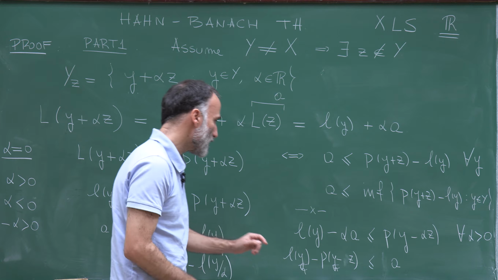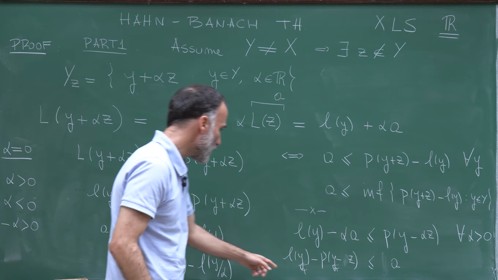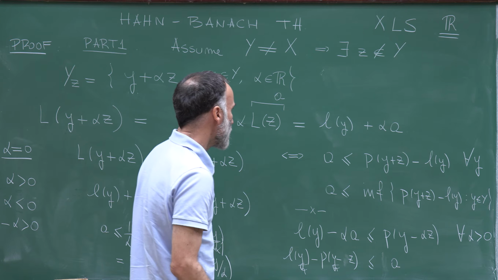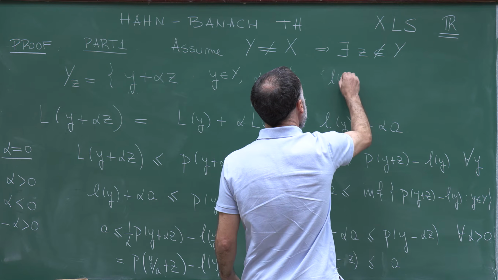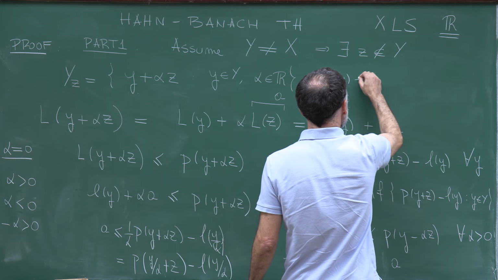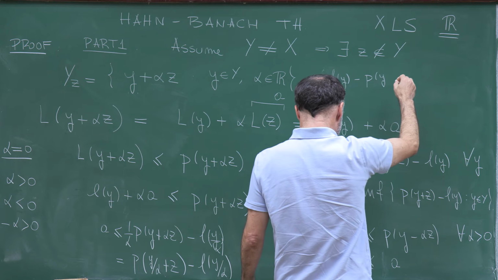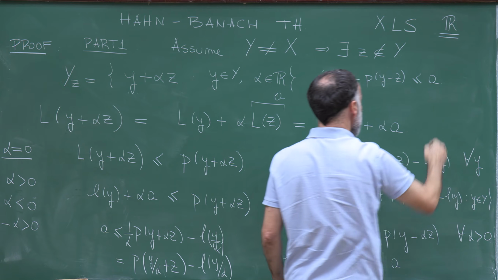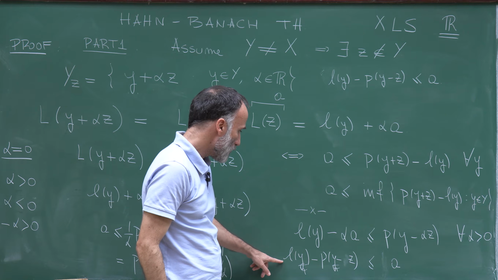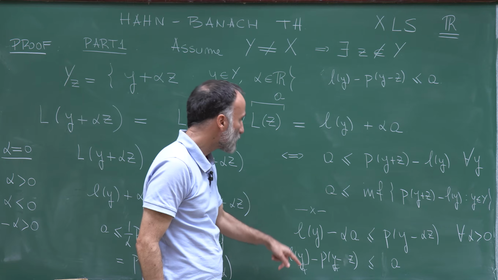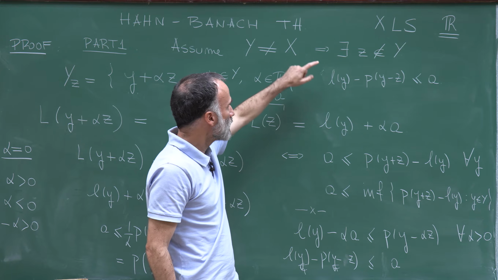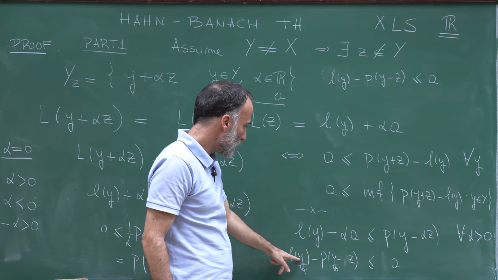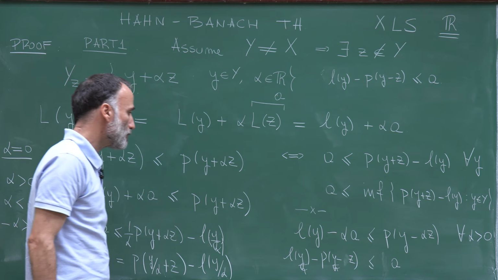Now this has to be satisfied for all y in Y and alpha positive, but this is satisfied if and only if we have the second inequality that Ly minus Py minus z is less or equal than A. So what I mean is that if this is satisfied for all y and all alpha, it's certainly satisfied for all y. And if this is satisfied for all y, this one is also satisfied for all y and all alpha positive.